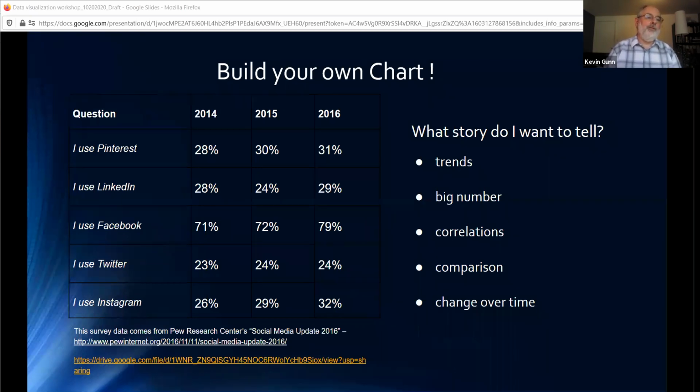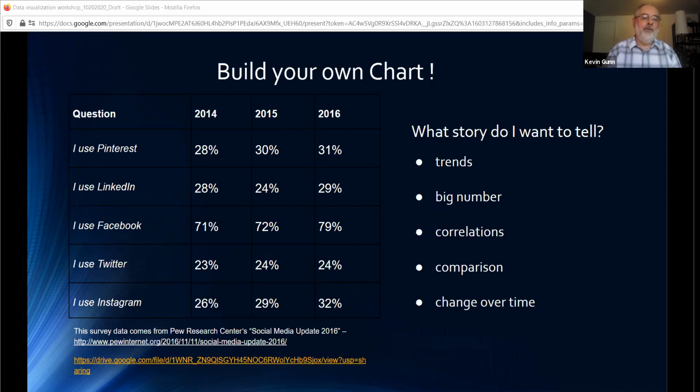The question is, what do you use in terms of social media? They have Pinterest, LinkedIn, Facebook, Twitter and Instagram. And here you have some numbers. It's a nice little table with the percentage of what people used who were surveyed.